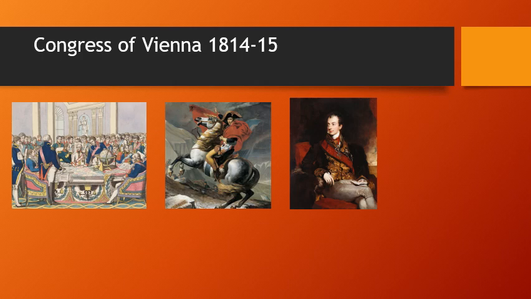So, we start with the Congress of Vienna that took place in the aftermath of the Napoleonic era, and the conquest he led, when the entire Europe was put to war, and finally it ended at the Battle of Waterloo, where Napoleon's forces were defeated.